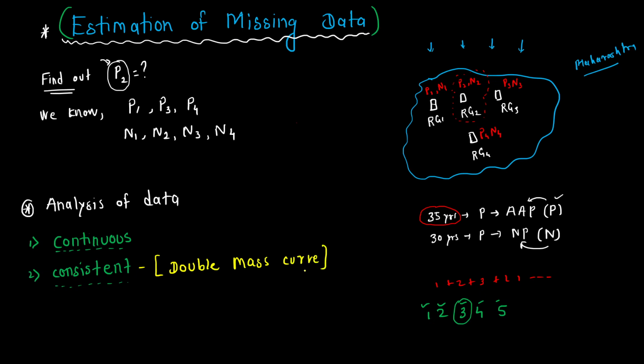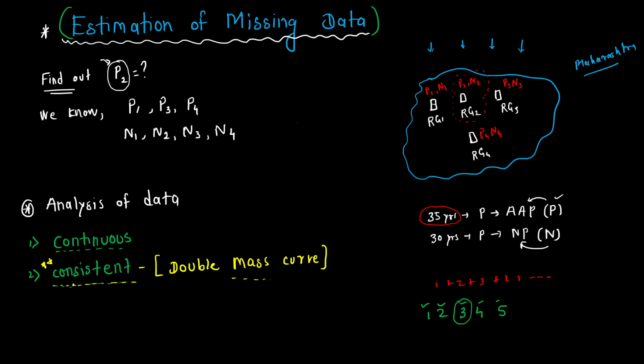Very important. Many times in the IAS exam also, the question is asked directly: which of the following is used for measuring the consistency of data? Very important hydrology question. You don't have to draw this diagram, you don't have to do anything. Just remember this one point. The consistency of rainfall data is measured by what? It is measured by the double mass curve.